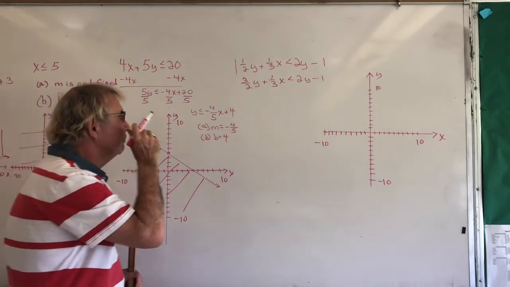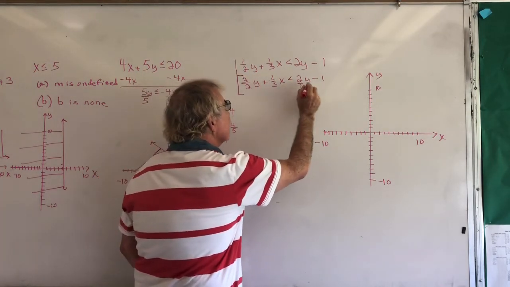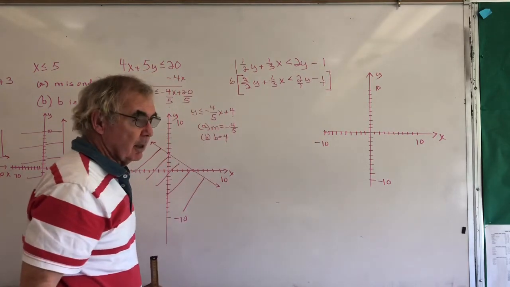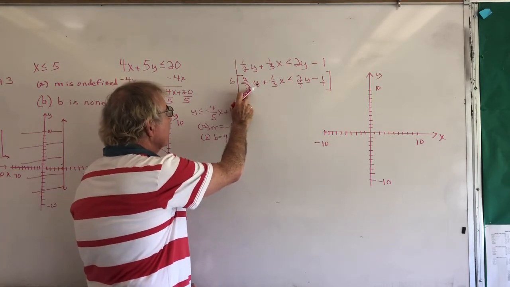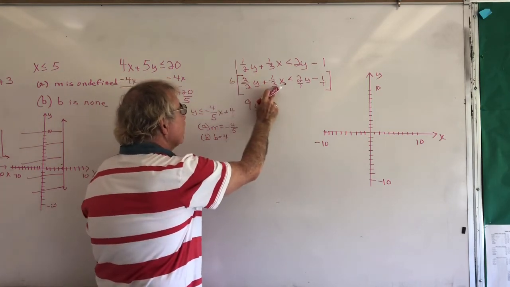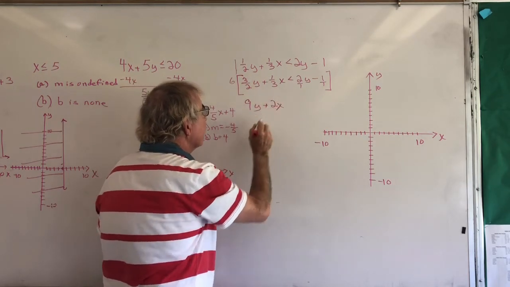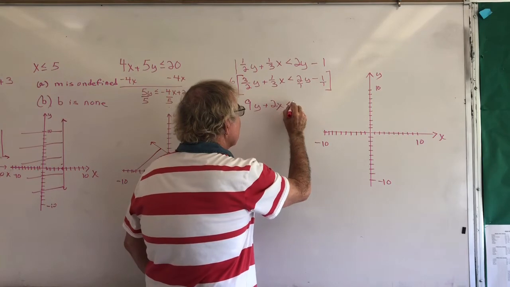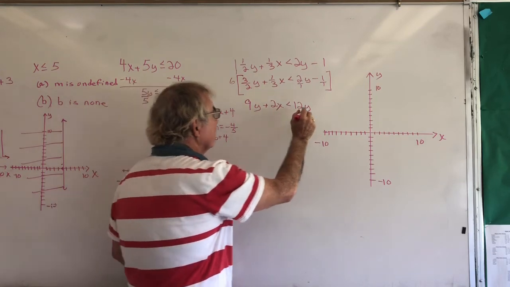So to get rid of them, we find the least common denominator of 2 and 3. Remember, these are understood to be 1s. We multiply by 6. So 6 divided by 2 is 3 times 3 would be 9y. 6 divided by 3 is 2 times 1x is 2x. 6 divided by 1 is 6 times 2 is 12y. And 6 divided by 1 times negative 1 is negative 6.